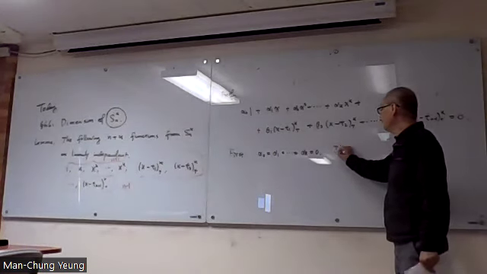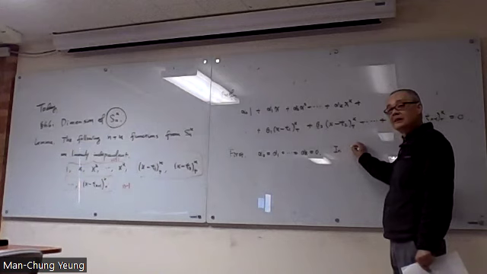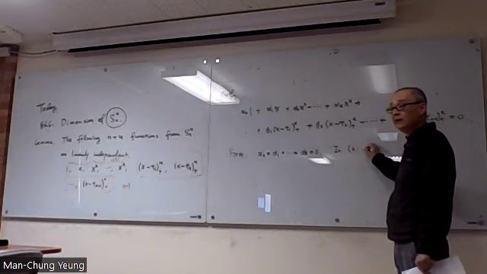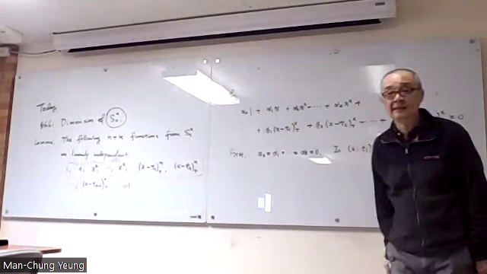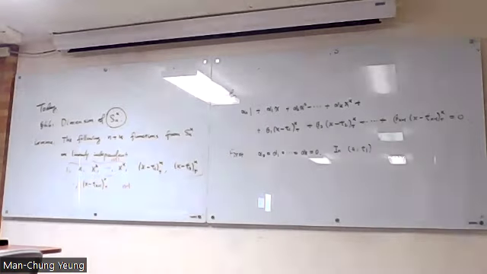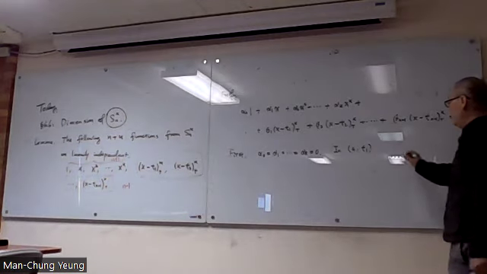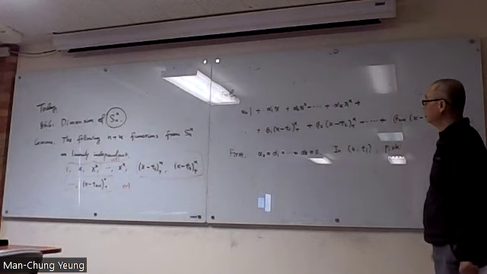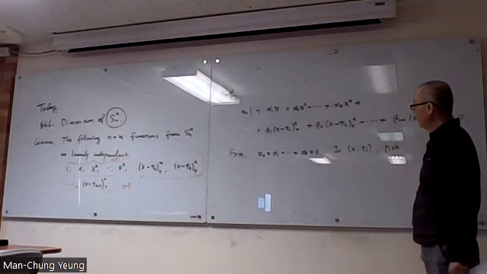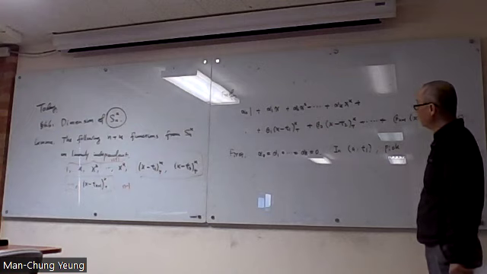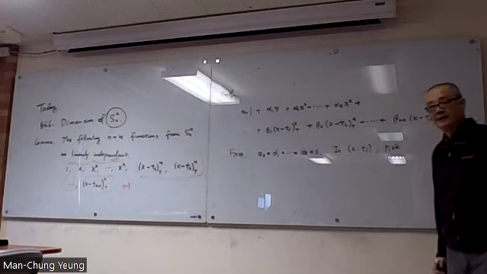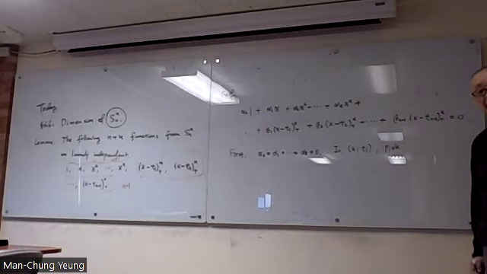In the first subinterval, the first interval is what? It is a to t1, not a to t0. Alpha 0, alpha 1 to alpha k, this is k plus 1 unknowns.